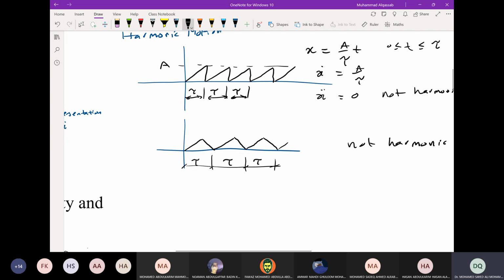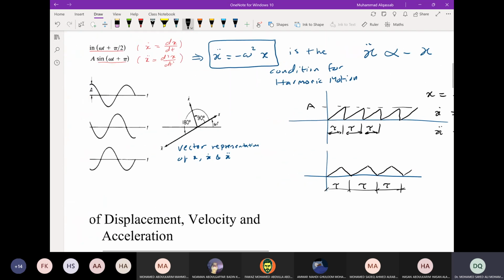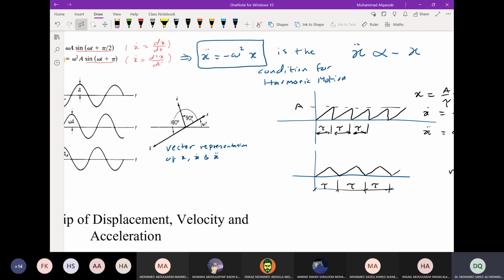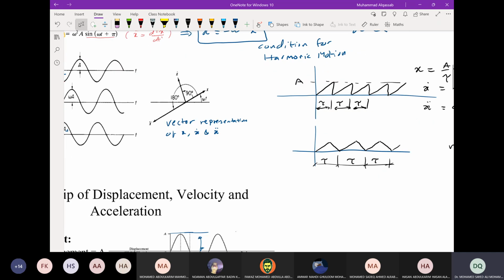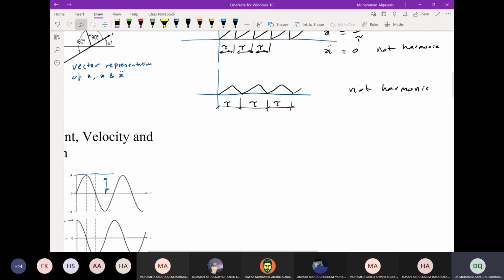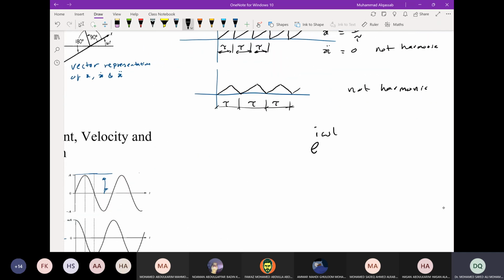Those harmonic functions are sine and cosine, and also you can write e^(i omega t), which is also harmonic because e^(i omega t) is the complex form of writing sine and cosine, because this is equal to cosine omega t plus i sine omega t. This is also harmonic.